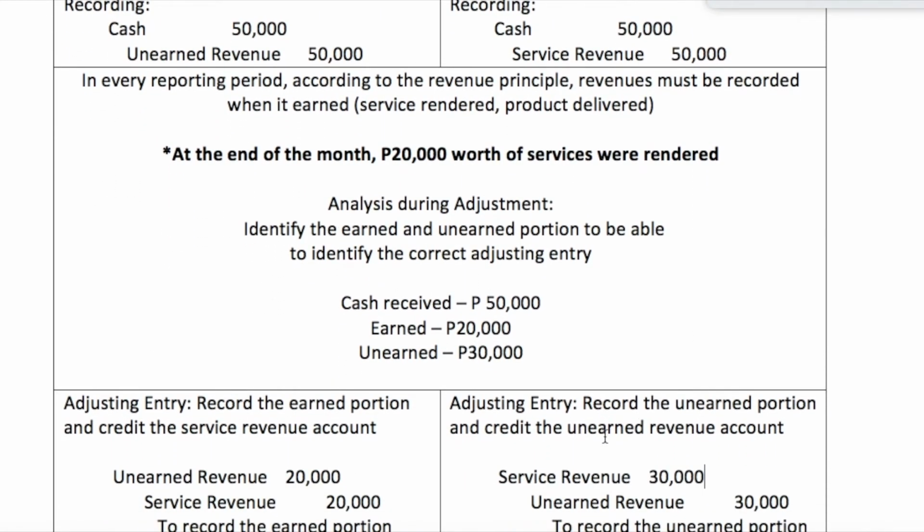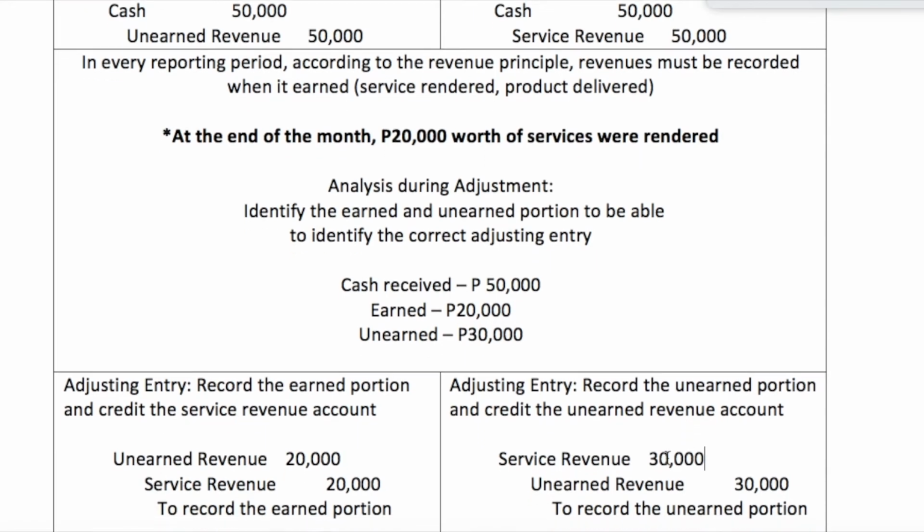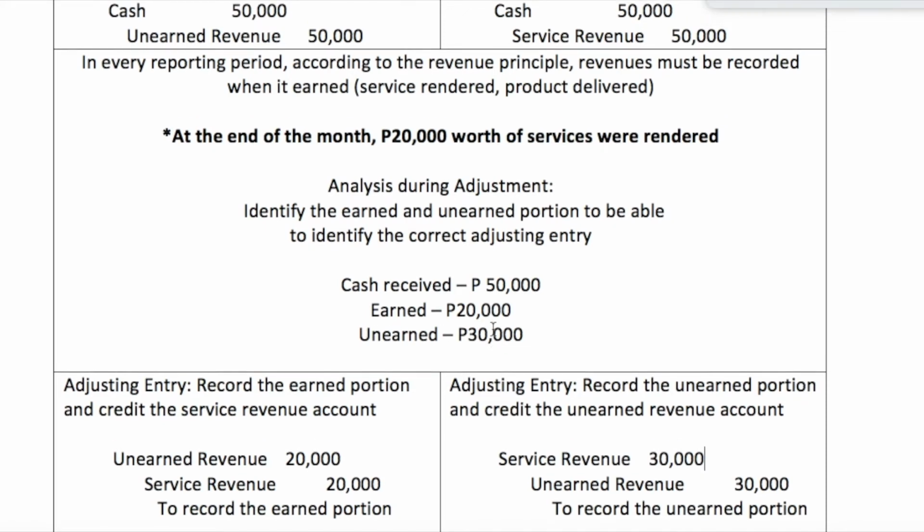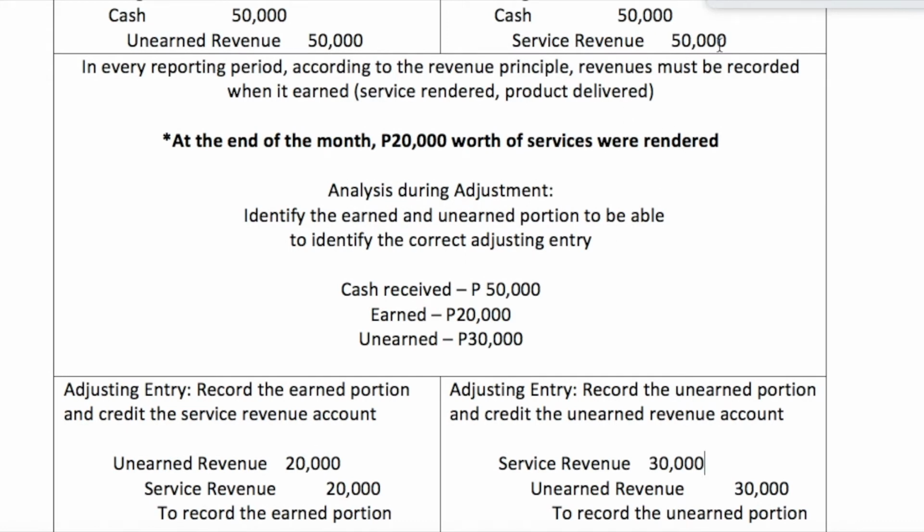So what is the effect of this entry in the company? Since you credited unearned revenue, it would now reflect at the end of the month that there is 30,000 unearned revenue, which is correct. Your service revenue here is credit 50,000, but you debited it by 30,000, meaning you decreased your service revenue from 50 by 30,000.